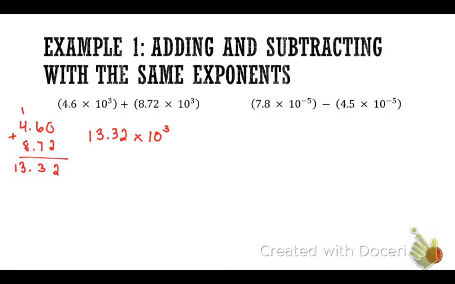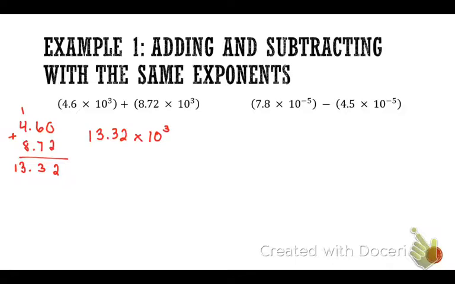This is not my final answer. This number is not written in scientific notation. Why? Is 13 in the range of 1 to 10? It's too big. 13 is too big, so I need to make an adjustment here. This is that rule we were just talking about.